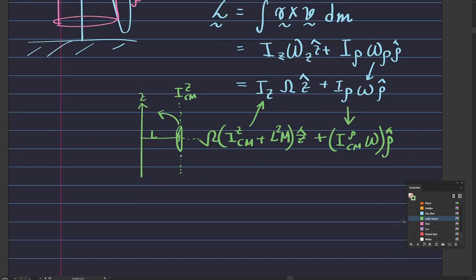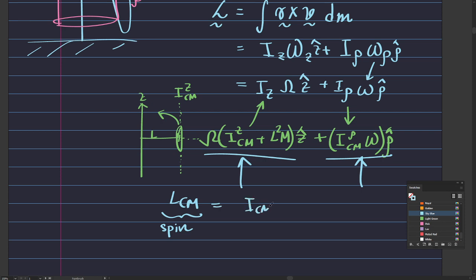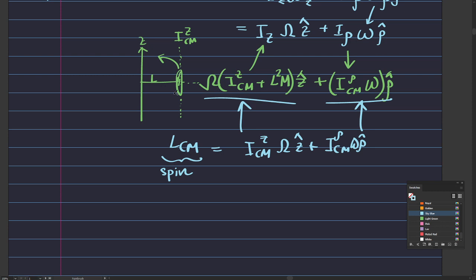So it has three terms. These are the two terms, and these are the two terms. These two terms comprise of LCM. So the angular momentum about the center of mass, also called spin angular momentum, is ICM z direction omega z cap plus ICM rho direction rho cap small omega. And the other quantity is the orbital angular momentum, which makes the center of mass move around it.